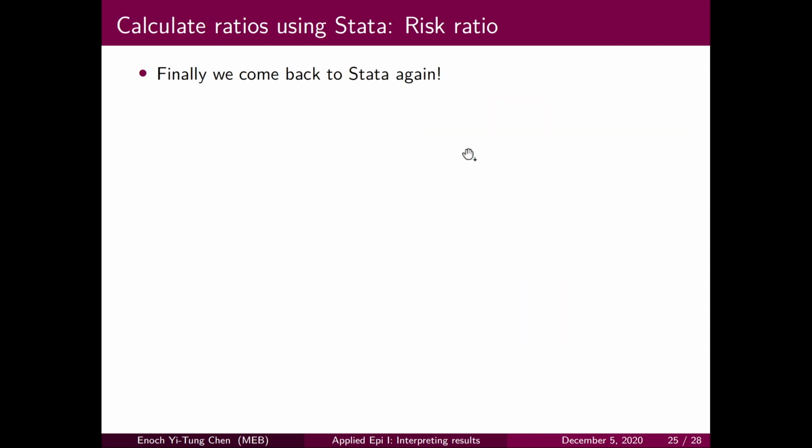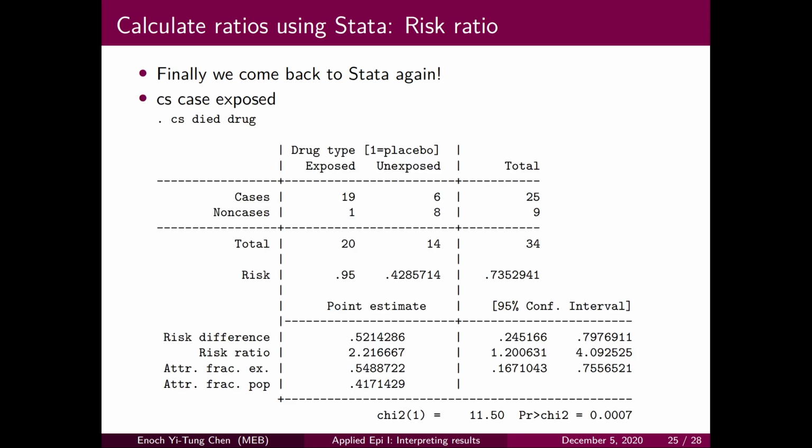Finally, we are back to Stata. Cool. We can use the Stata epidemiologist-related function to calculate risk. Basically, you just have to call cs and case exposed. For example, cs die drug, with die as my definition of case and drug as my definition of exposed.